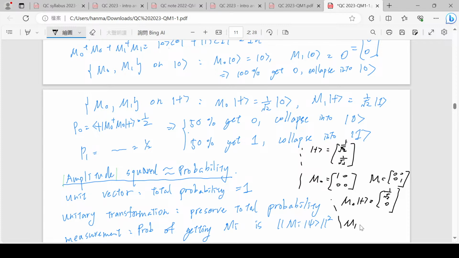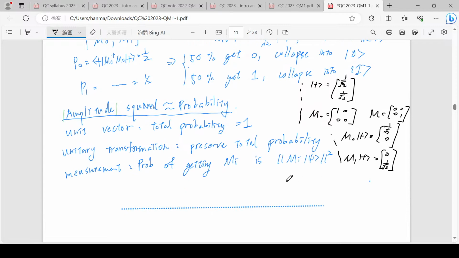And M1 on plus is, sorry, 0, 1 over square root 2. So this is what happens when you write down all the matrices.